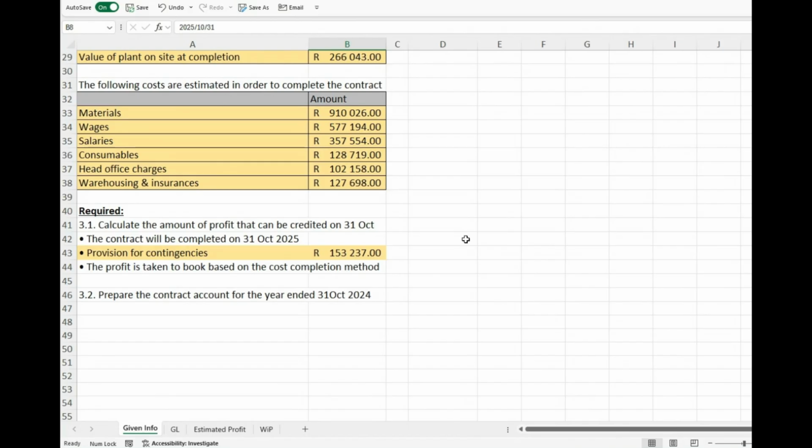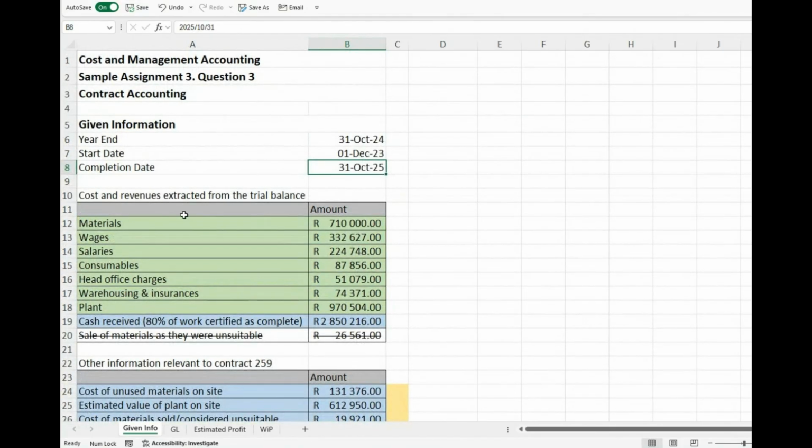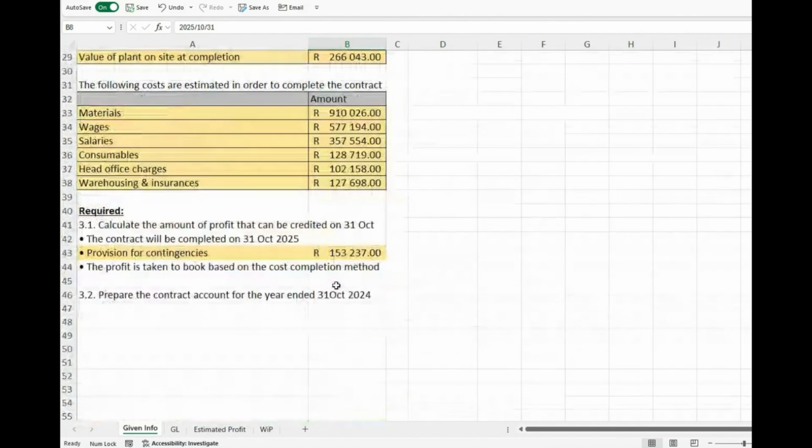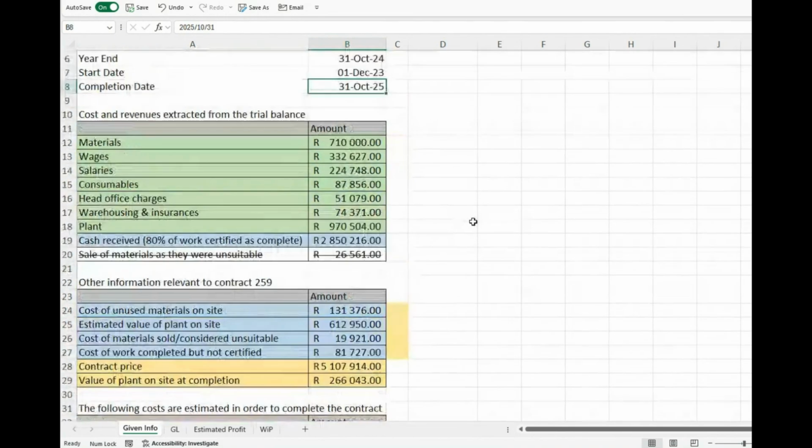And then the second thing they ask you to do is to prepare the contract account for the year ended 31 October 2024. Now, what's happening in this case, I say to you, this information is extracted from the trial balance. Okay? But before we can answer this part, calculate the amount of profit, we have to re-establish the general ledger that this information was received from.